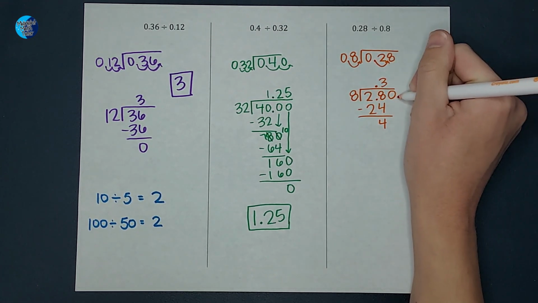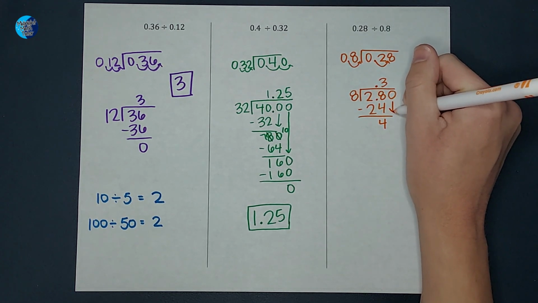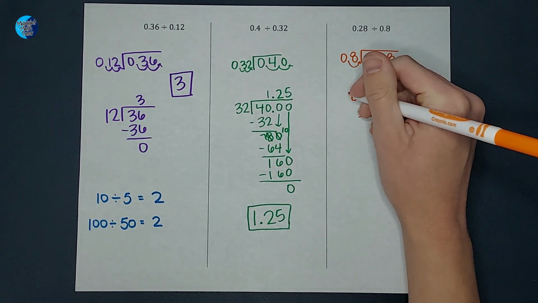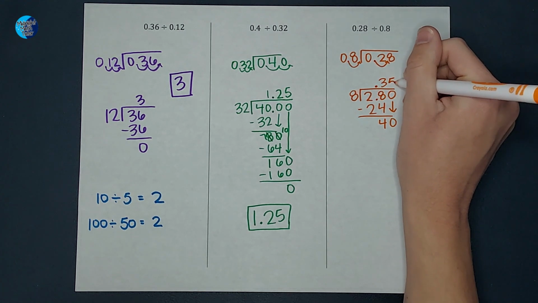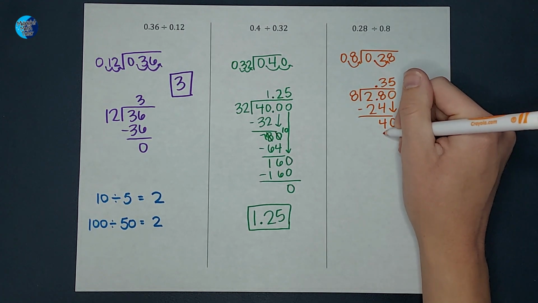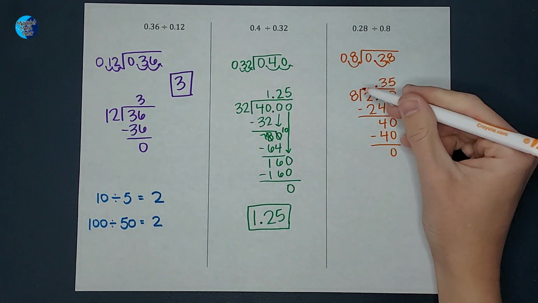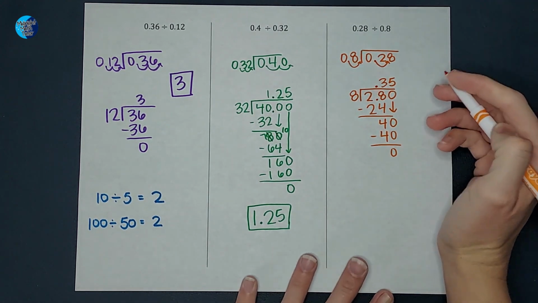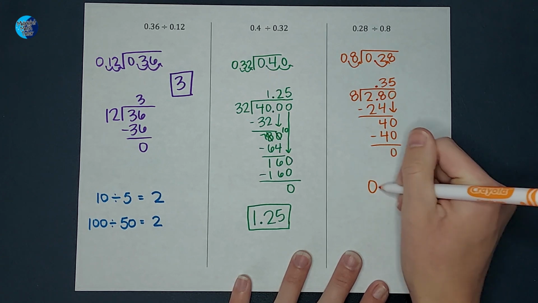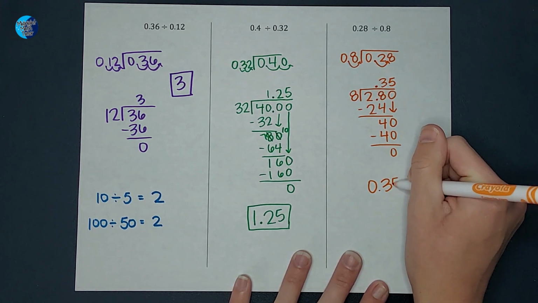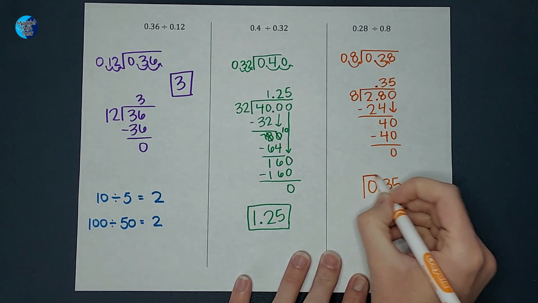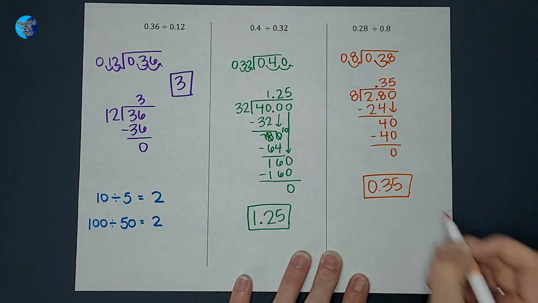Because it's behind the decimal, I can do that. So bring that down. 8 goes into 45 times. 5 times 8 is ding, ding, ding, 40. So when I subtract that, I get 0. So guess what? 0.28 divided by 0.8 is 0.35. There we go.